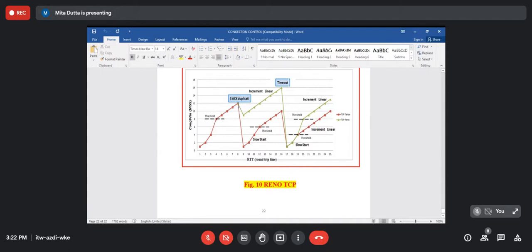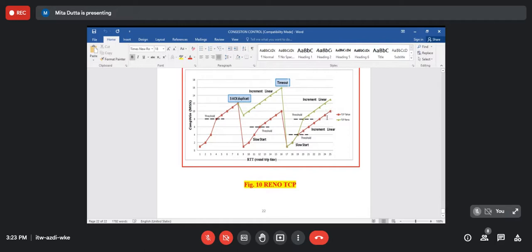So the SS threshold will be 6, CWND/2, and the actual CWND will be 1. We have slow start, then congestion avoidance, and here a timeout occurs, so CWND will be 1, and the threshold will be set to 4, and the window grows linearly.